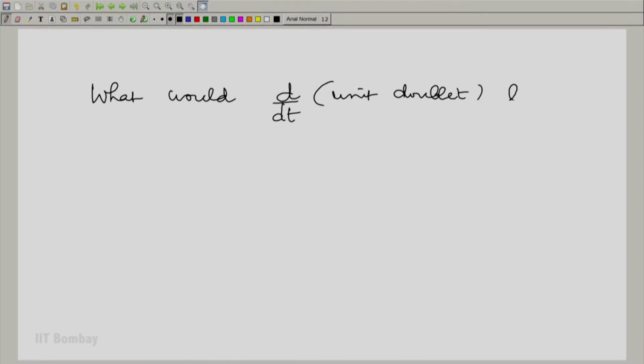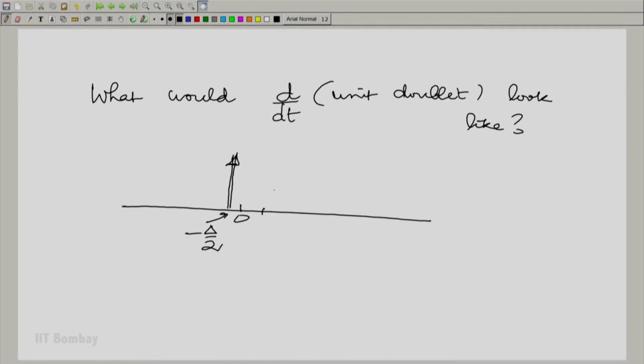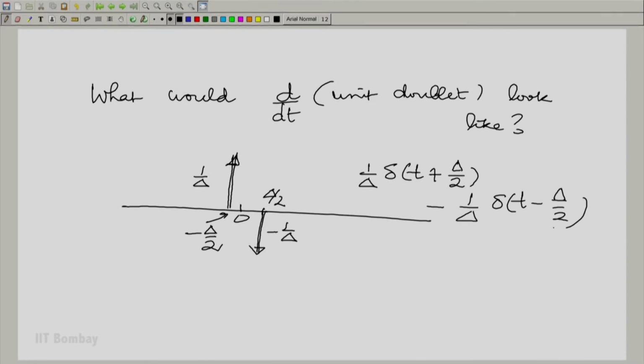So, how would it look? Let us just get a feel. You have a unit doublet which is like this. Now, if I want to take a derivative of this, I would need to put two doublets.